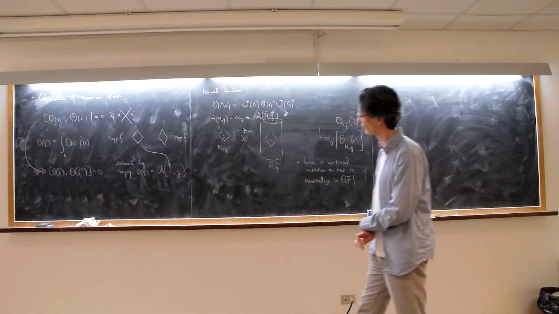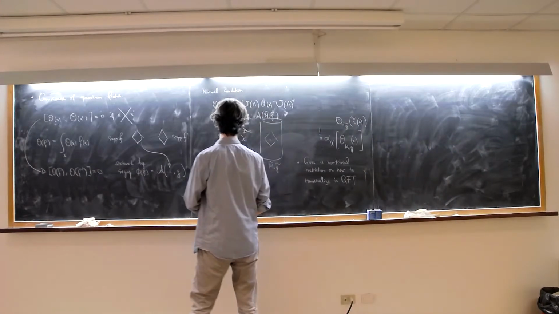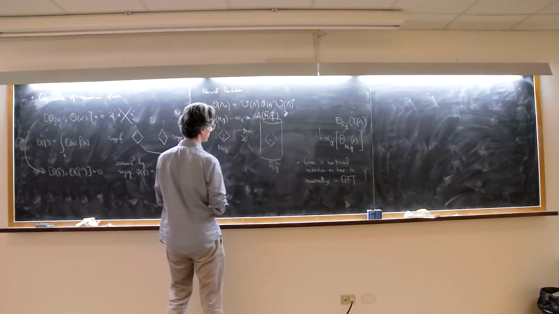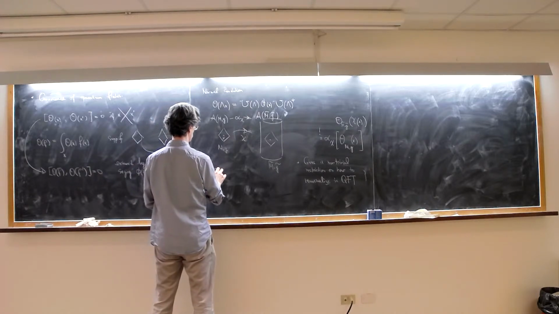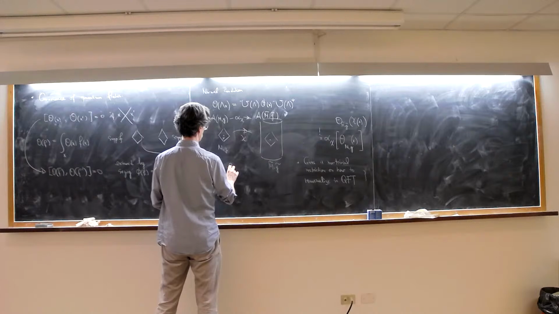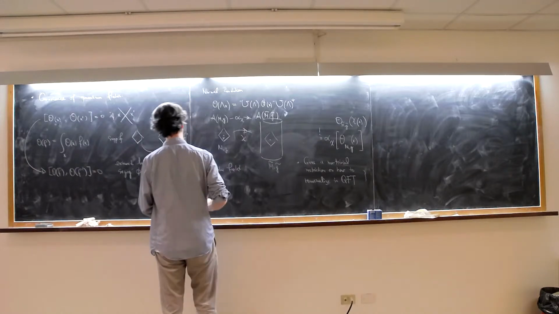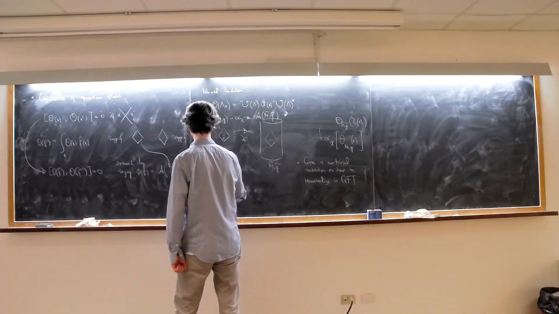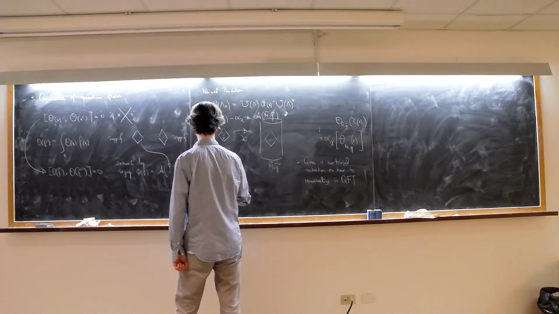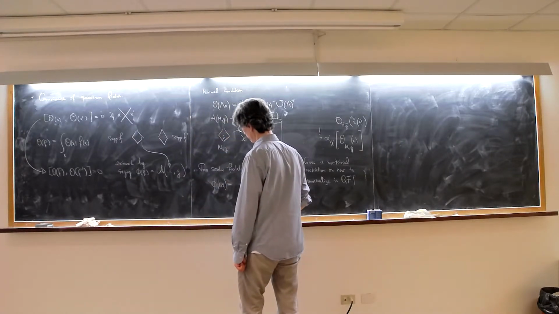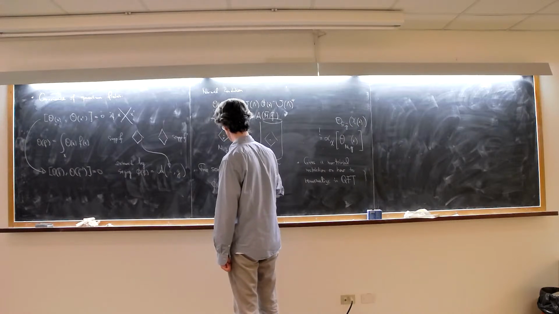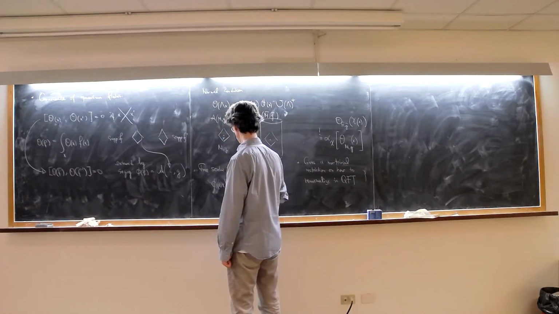So let's suppose you deal with a free scalar field. You can represent it as an operator on the vacuum, in the vacuum representation. So this would be K, ignoring pi's.